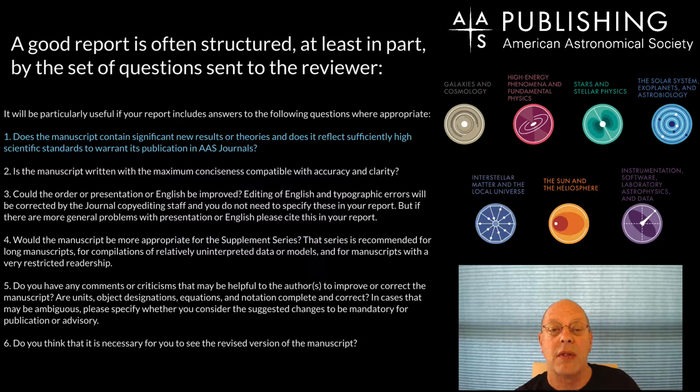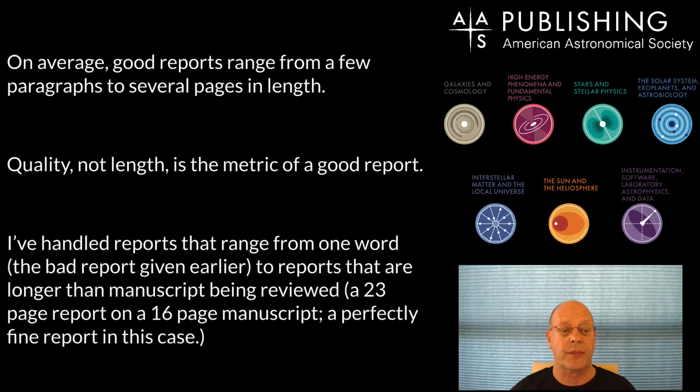Here below in the smaller type font is a typical letter that is sent to reviewers, and the first one there is the primary metric for publication in the AAS journals. Does the manuscript contain significant new results or theories, and does it reflect sufficiently high scientific standards to warrant publication in the AAS journals? You can structure your report a little bit by the questions that are asked. You should at least address the questions that are asked in a good report.